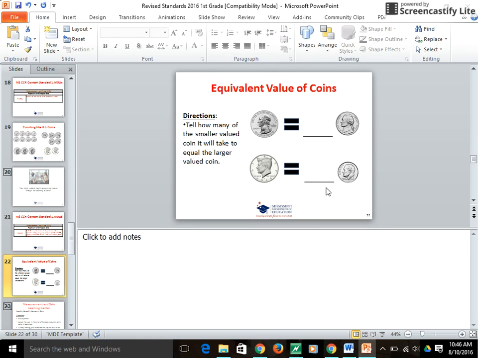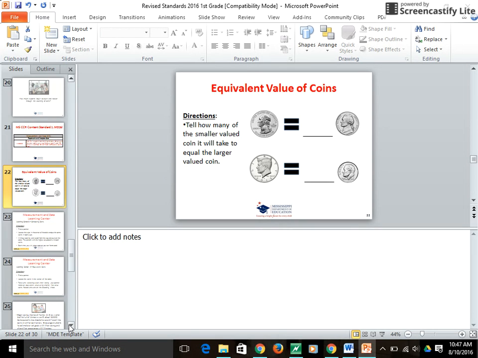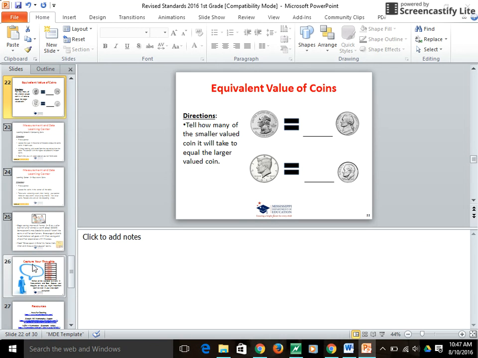I'm keeping like valued coins together. Second grade's going to deal with mixing them up. In first grade, we just want to identify, know the comparative values, be able to count to $1, and be able to keep those like valued coins together and make equivalent values, okay? Second grade's going to deal with mixing them up, solving word problems, all of that. We're just getting a foundation for them.